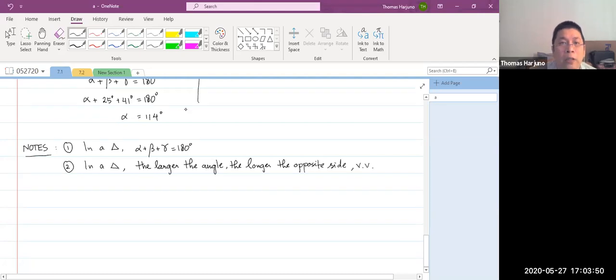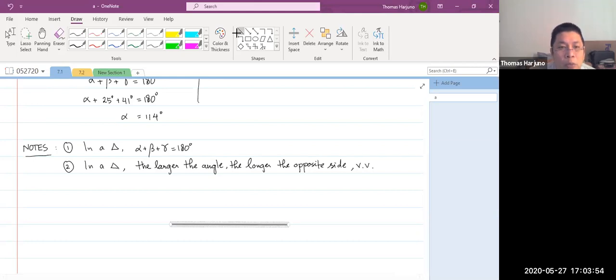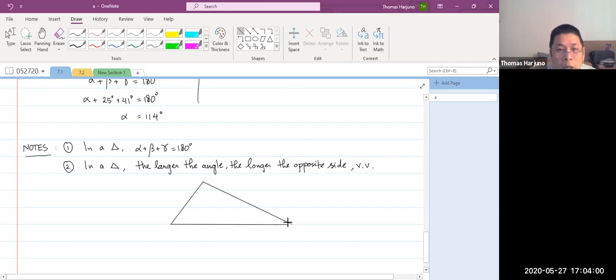Now, suppose we see it this way. Notice that if I name this angle A, vertex B, and vertex C, visually you can see that angle B is the largest angle among these three angles, right?